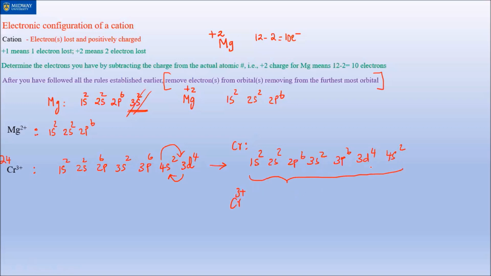So we start removing electrons from the furthest right. This has got 2, so we can remove both of the 2. And then we can only lose 1 more because we can only lose 3. So we still have 3. So chromium 3+ would be 1s2, 2s2, 2p6, 3s2, 3p6, 3d3.